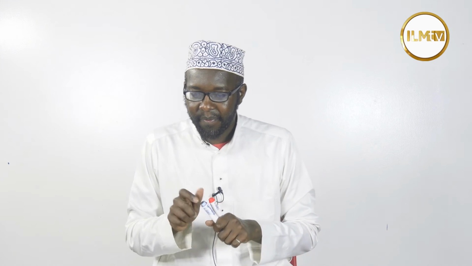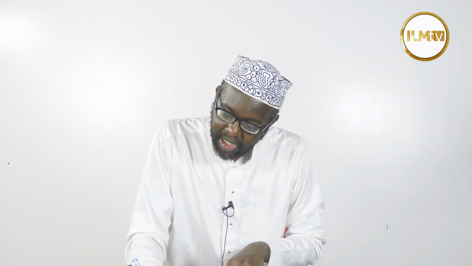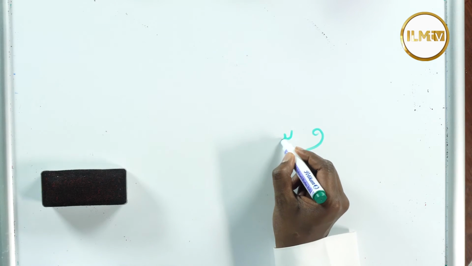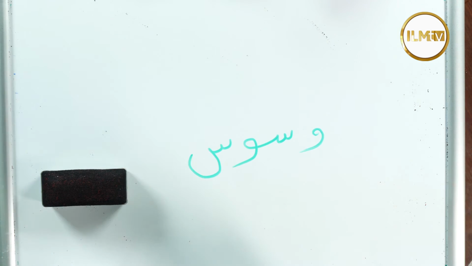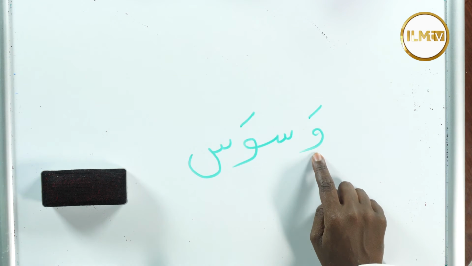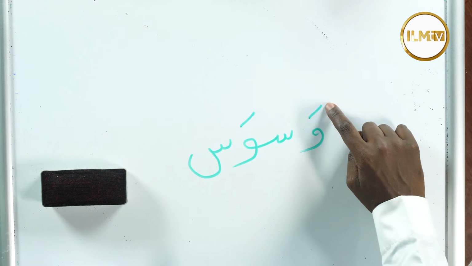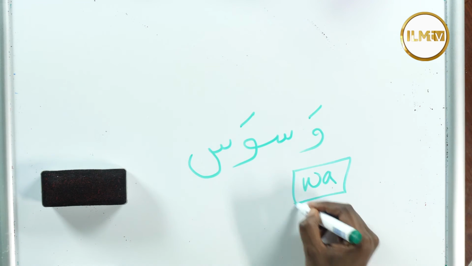Let's do some waw and ya. We start with, how do you read this? This is a W with an A, so it is W and A. Wa.